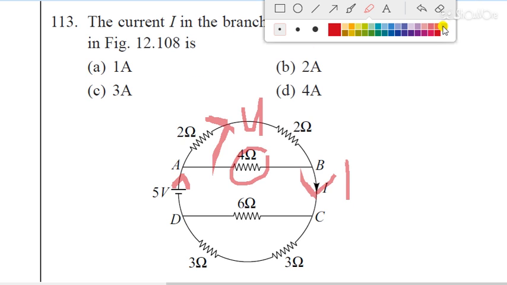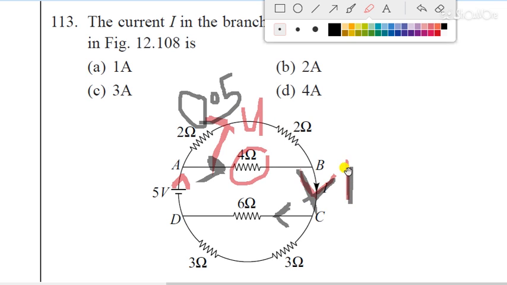That means the current in the 2 ohm resistance will be 0.5, because total current was 1. Here the current that will flow is also 0.5. Here the current will also be 0.5, because 1 ampere is coming from this point. Again 0.5 is added, and 1 ampere is the current flowing through BC.